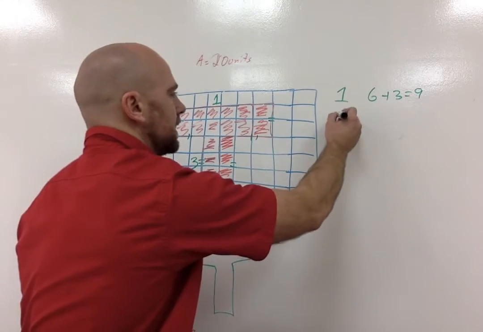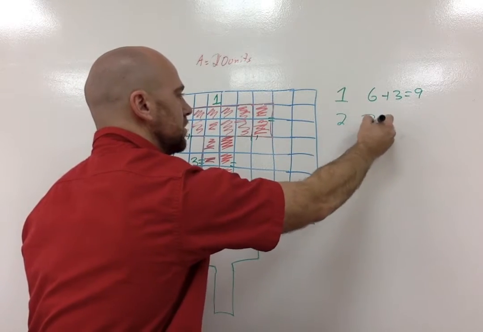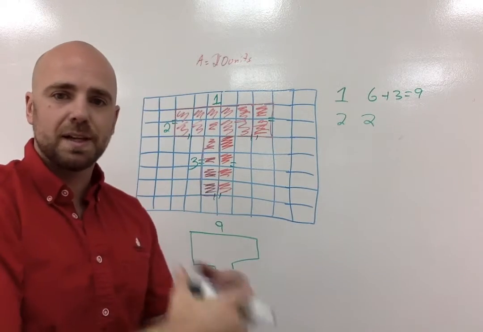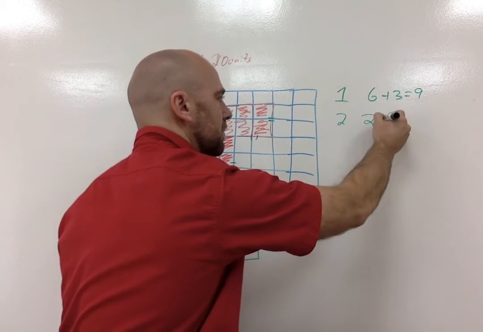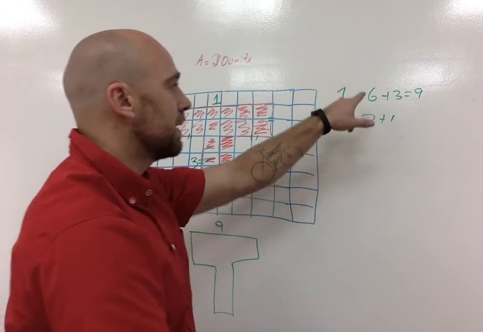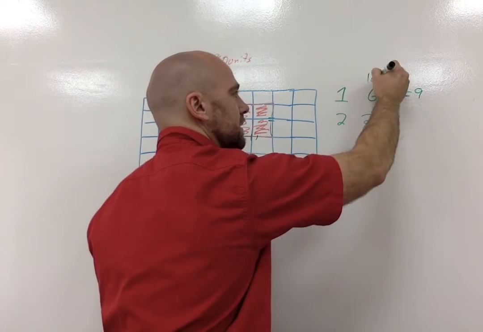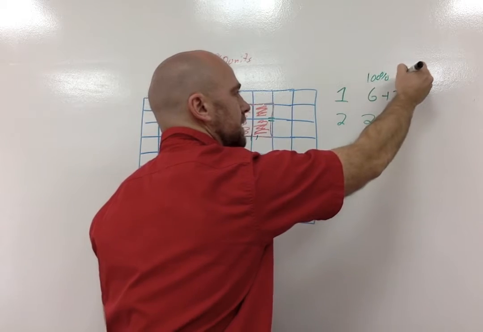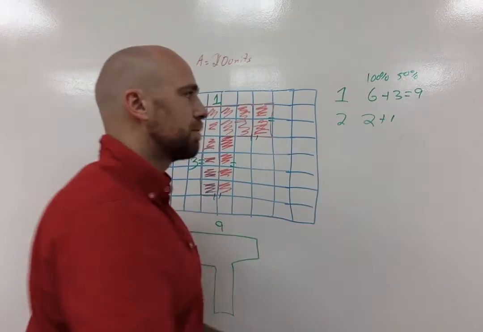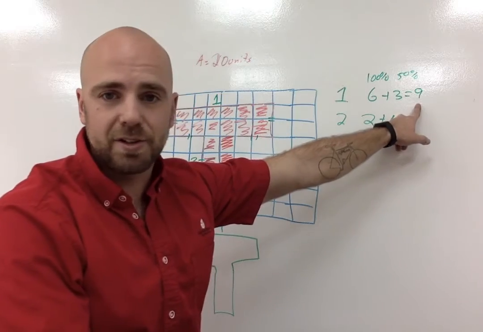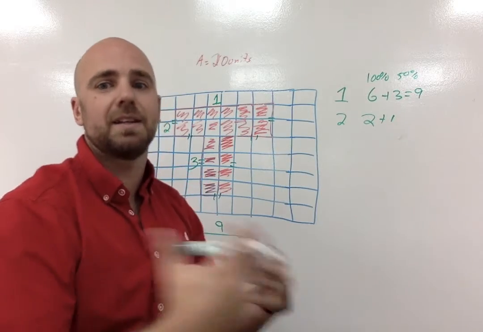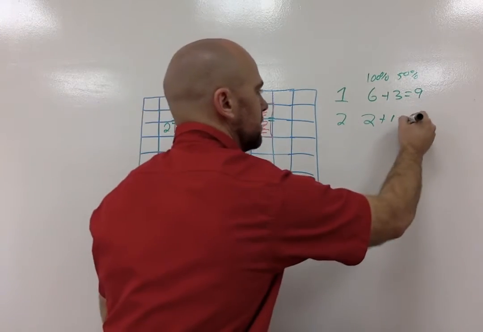For number 2, all of 2 plus half of 2, which is 1. So this is my 100%, and this is me adding my 50% to get 150%. I'm technically adding those together, so this is going to be 3.